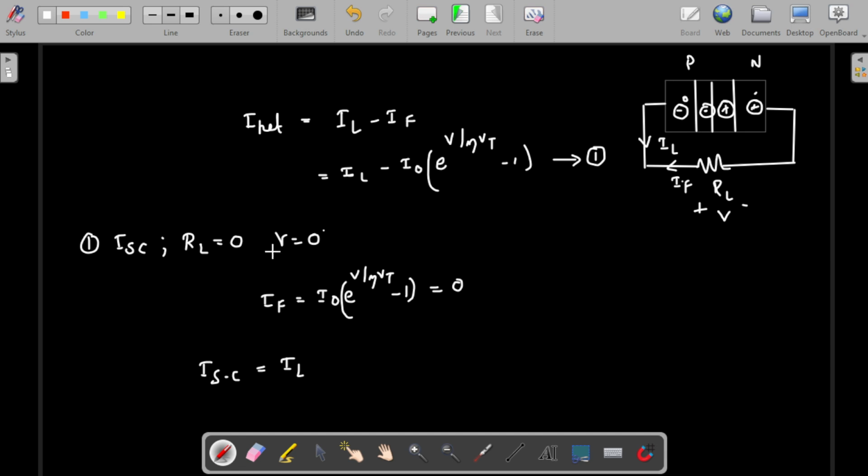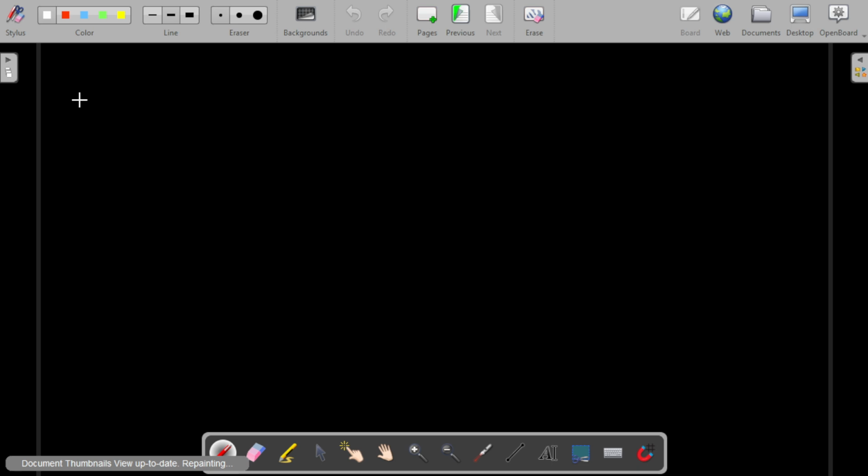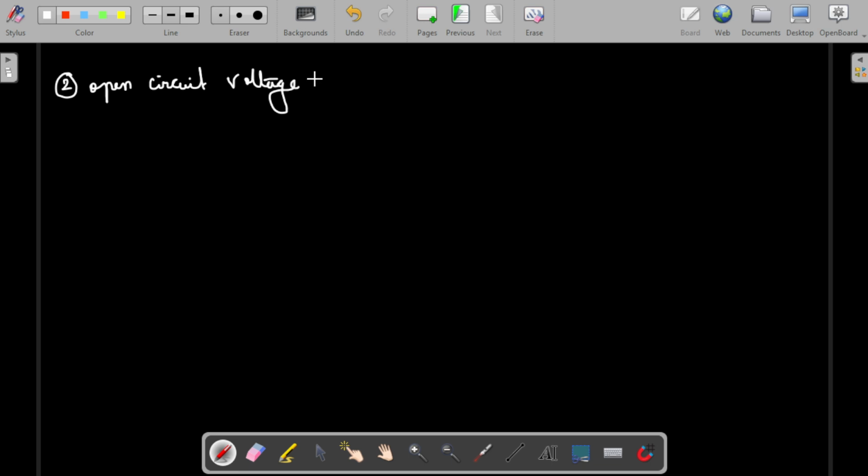The second thing is the open circuit voltage or potential, which we represent as VOC. In order to find VOC, we take the condition RL equal to infinity. If RL is equal to infinity, the circuit is open, so the net current flow will be equal to 0.